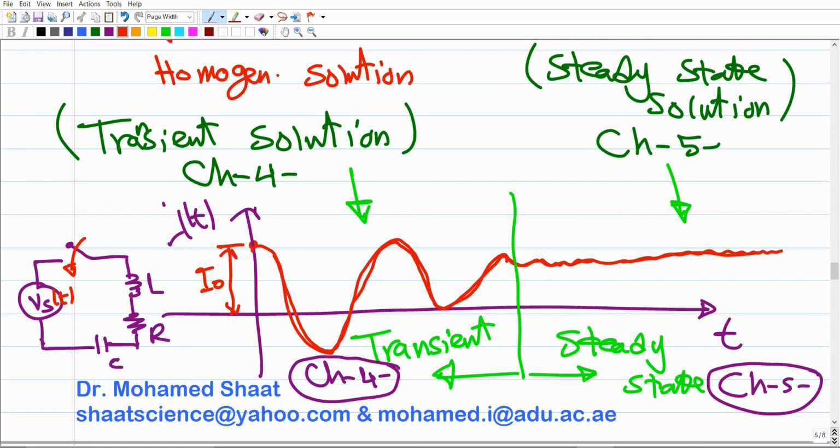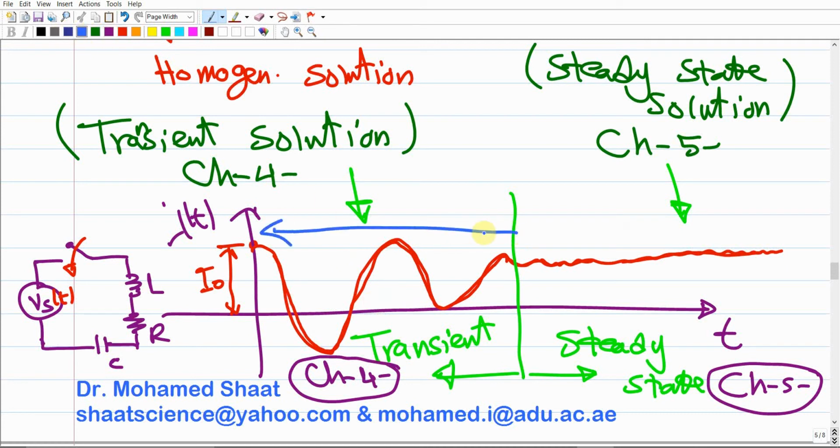Once we close the switch of this electrical circuit and allow more current to come in, there will be some severe deviation till it becomes steady. So there is a steady behavior that comes after the transient. The steady behavior always shows up after the transient region, right?